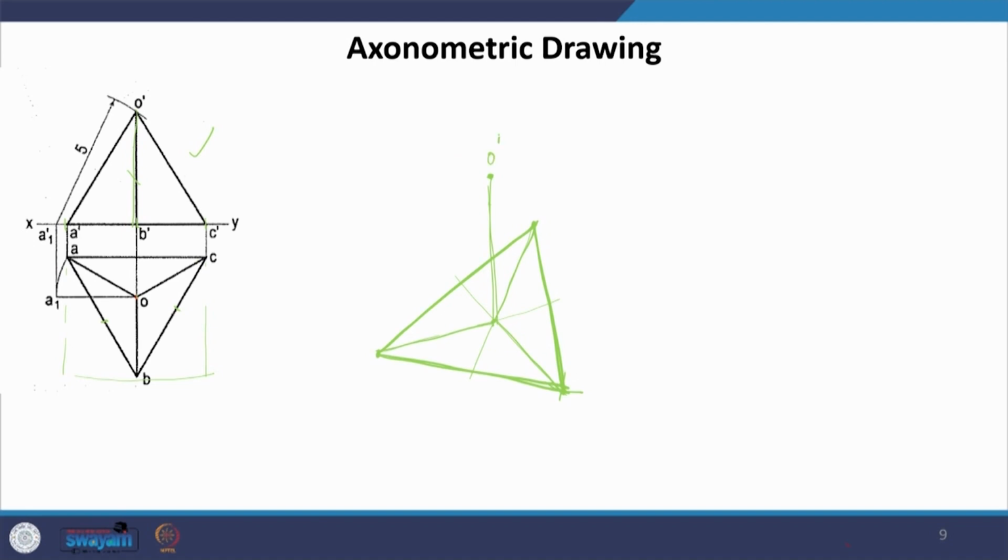Okay. Now, I have arrived at all the points. All I need to do is just join them. This is what we will see as a triangular pyramid.